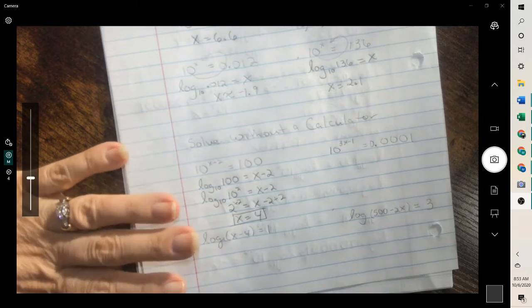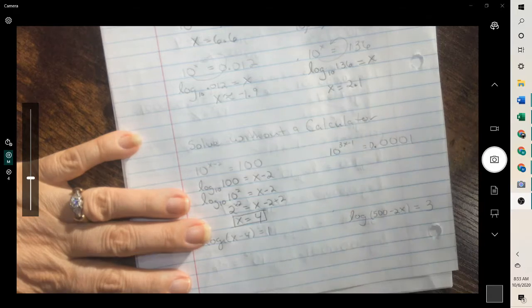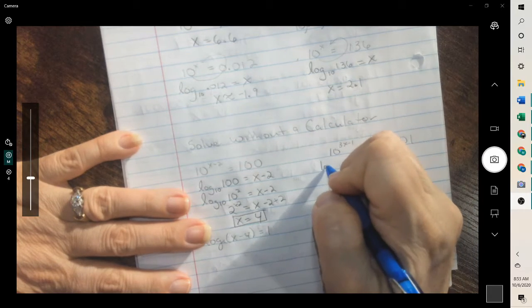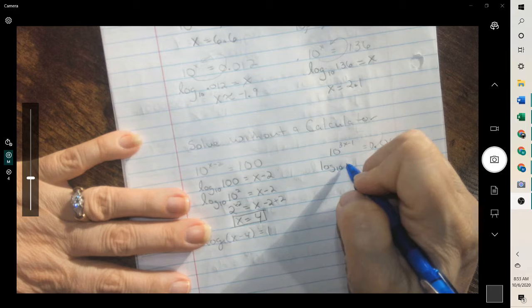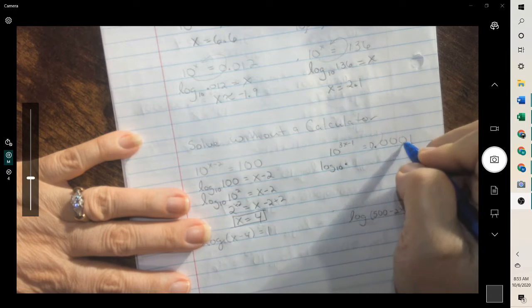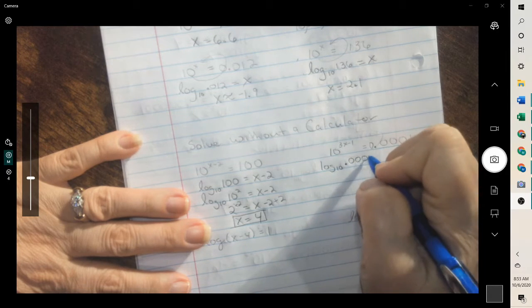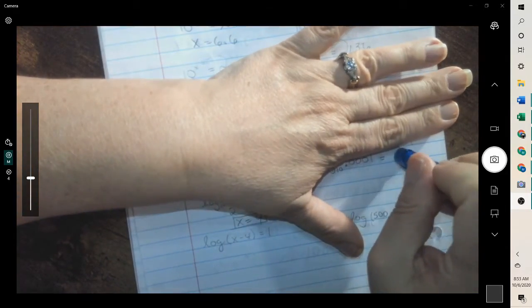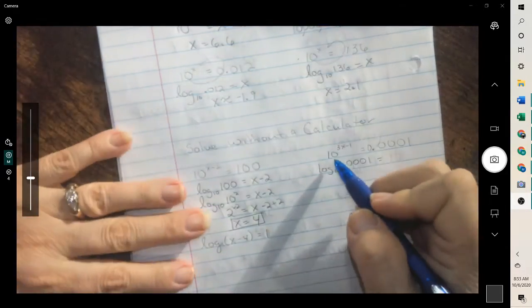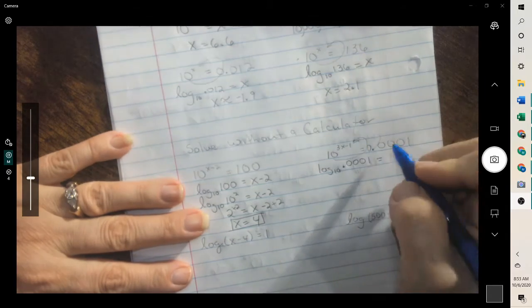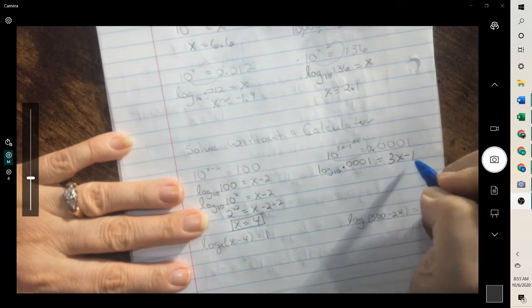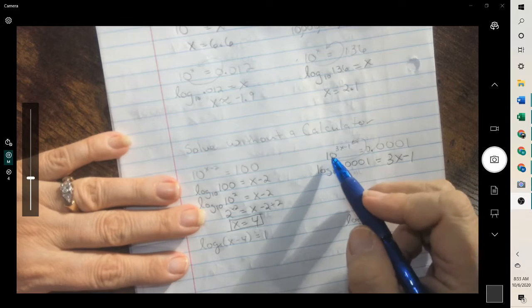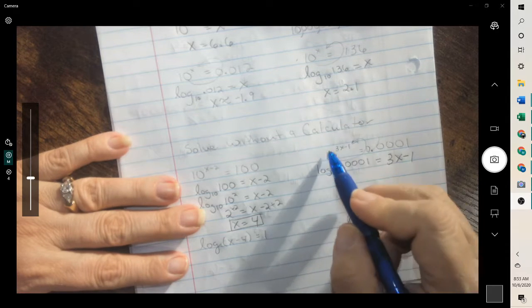Okay. Over here, again, we can rewrite it. Log base 10 of 0.0001 equals 3x minus 1. Start with the 10 and loop around. So log base 10 of this number equals the exponent.